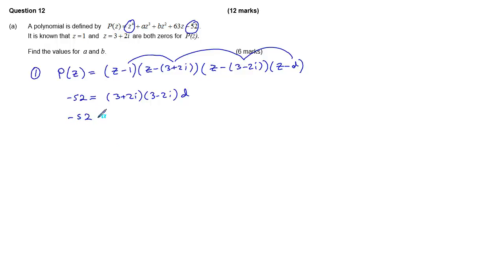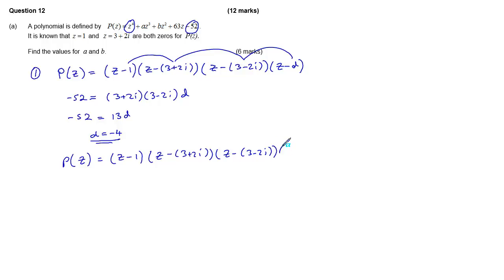So negative 52 is going to be 9 add 4 is 13, 13d, telling us that d is negative 4. So we now have that p of z is z minus 1, z minus 3 plus 2i, z minus 3 minus 2i, and z plus 4.